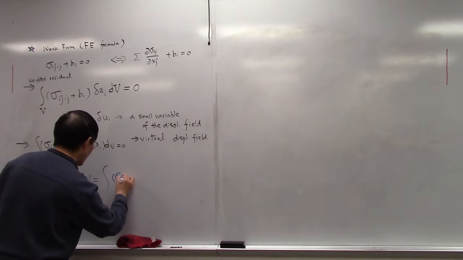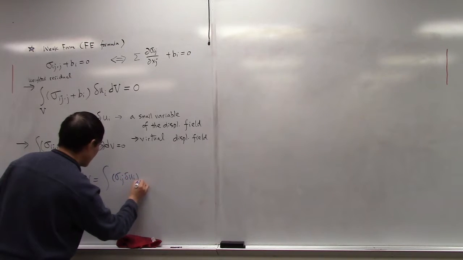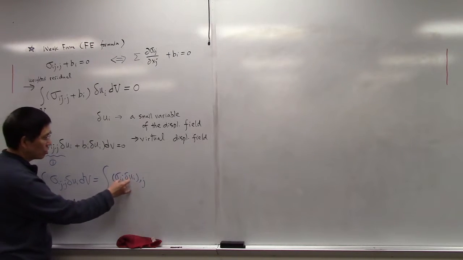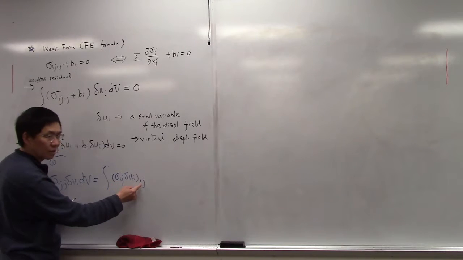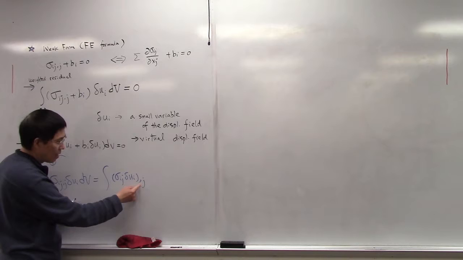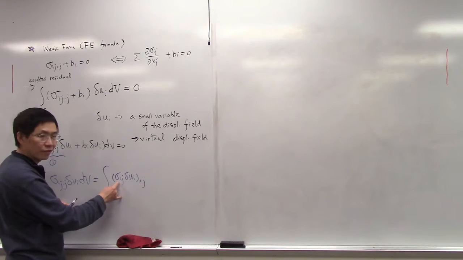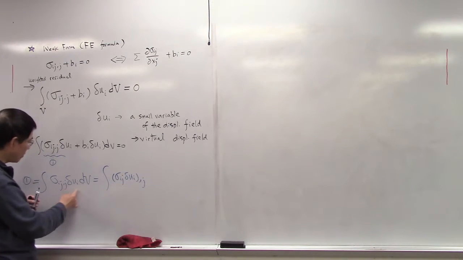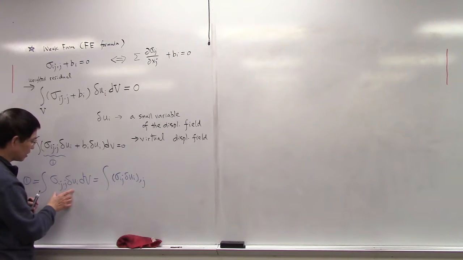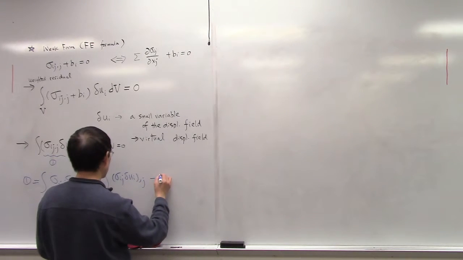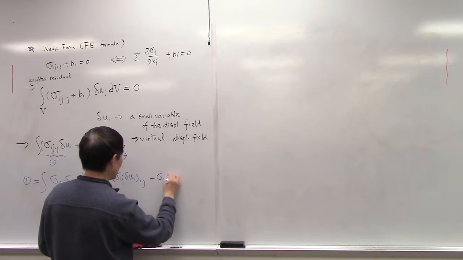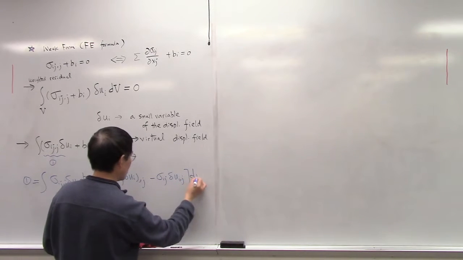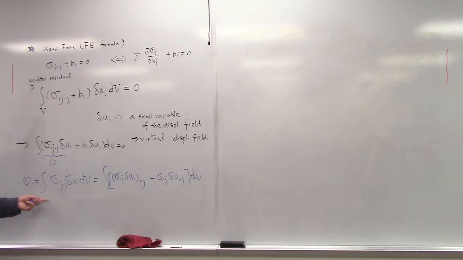If you write it as sigma ij delta ui multiplied together, and then differentiate it outside, that means two things multiplied together and then take differentiation with respect to xj. And of course, that operator will act on the first term first and multiply that. And then you will also act on the second term. But here we only have the first term. This first term is exactly that. So we still need to subtract the second term, sigma ij delta ui comma j.